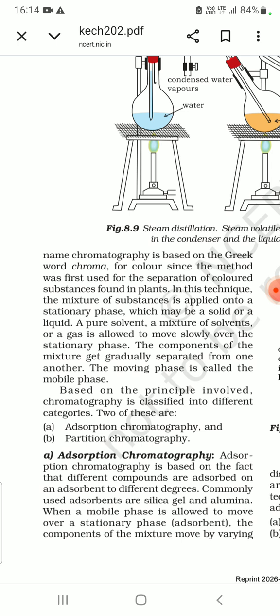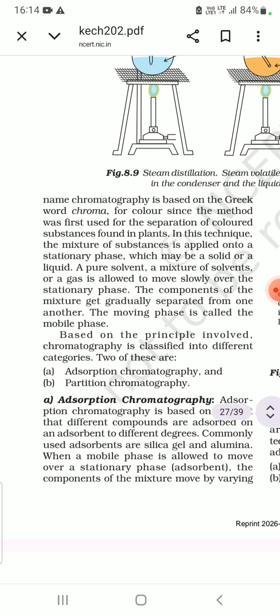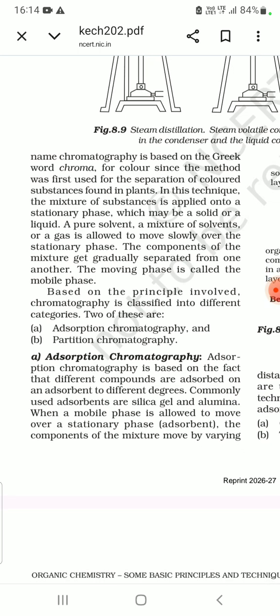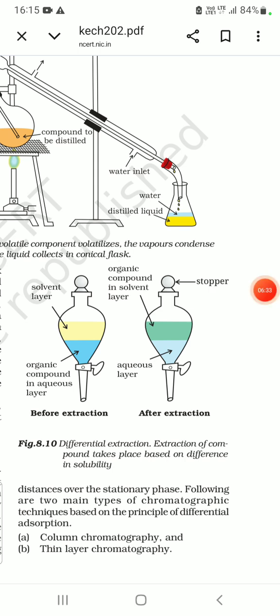The moving phase is called the mobile phase. Based on the principles involved, there are two types: adsorption chromatography and partition chromatography. This diagram is of differential extraction based on the difference in solubilities.